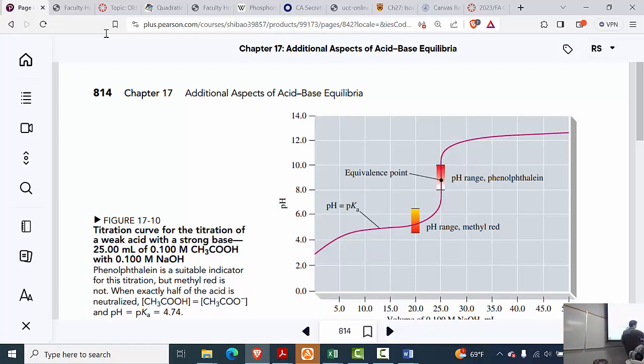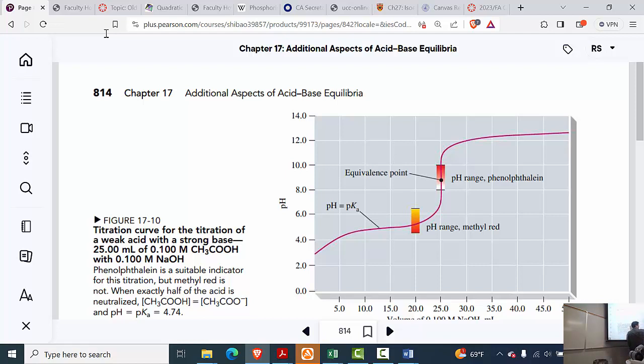So I'll do 1/11 of 25, which is 2.27. And so I'm at 4.74. 4.74 minus 1 is 3.74. So that puts me about here. And then 5.74 is going to be at 22.7 here. 5.74. And we call this a buffer region.